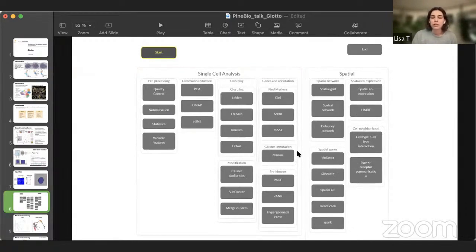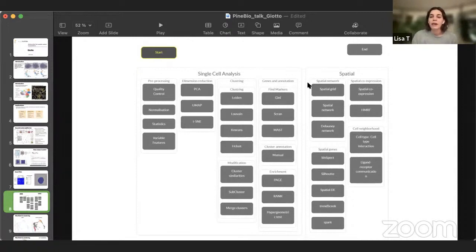But Giotto also allows us to play with clusters, to separate them or to merge them based on their similarity, and run enrichment. And this module, the spatial analysis, is what is really different and interesting for us.